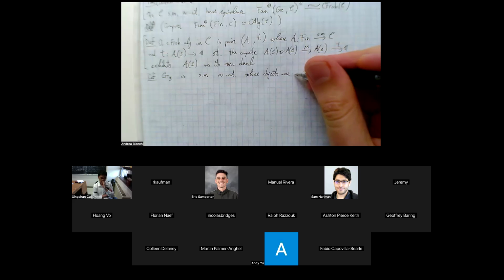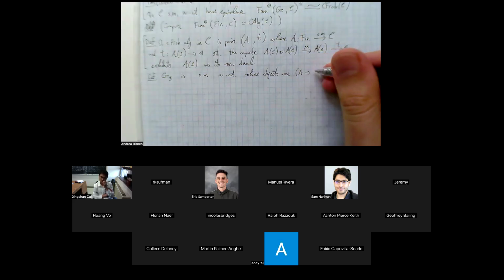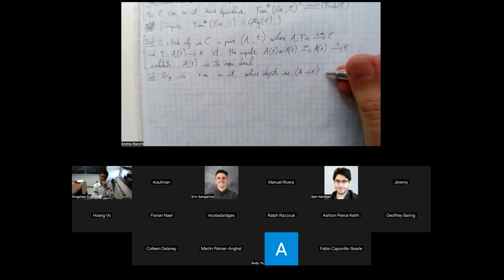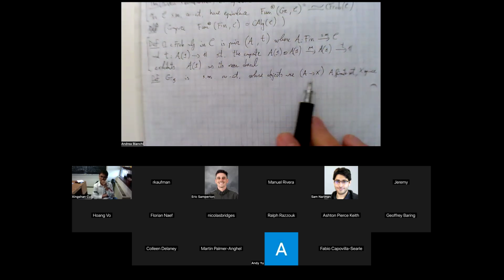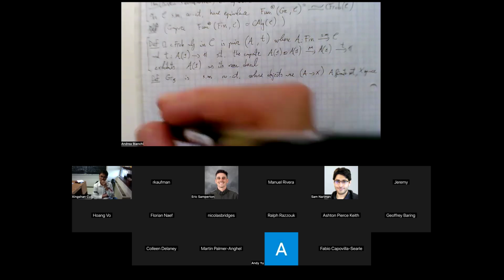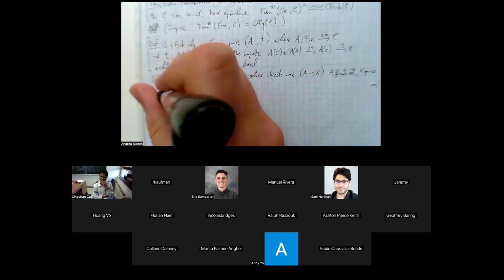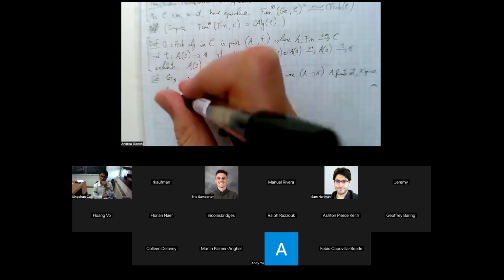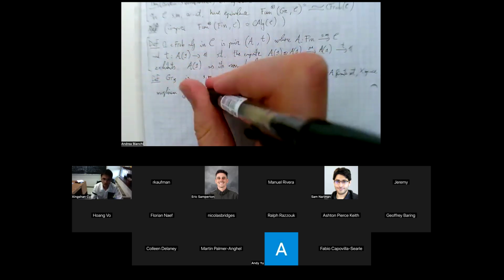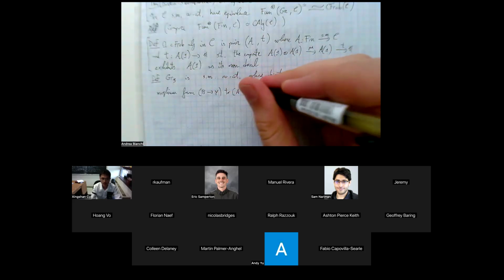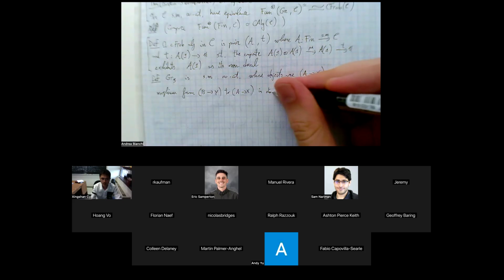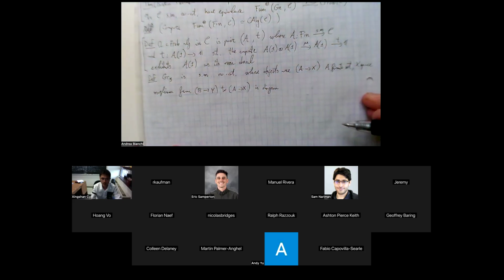Its objects are of the form A maps to X, where A is a finite set and X is a space. So spaces receiving maps from a finite set are objects. And a morphism from B to Y to A to X is a diagram of the following form.